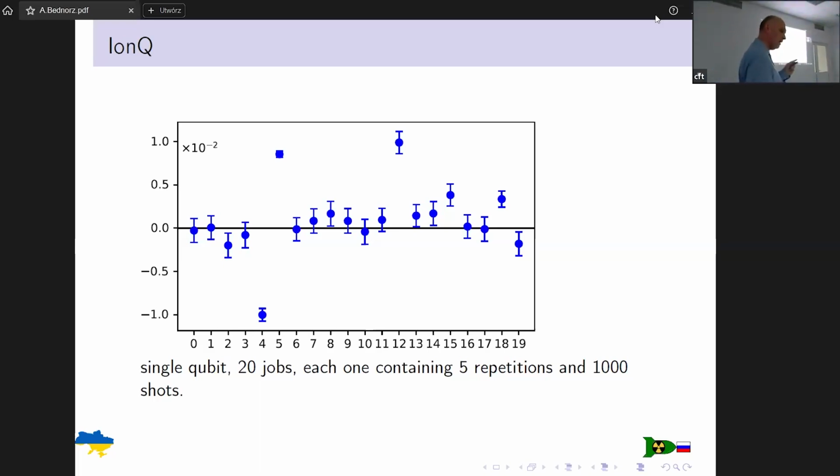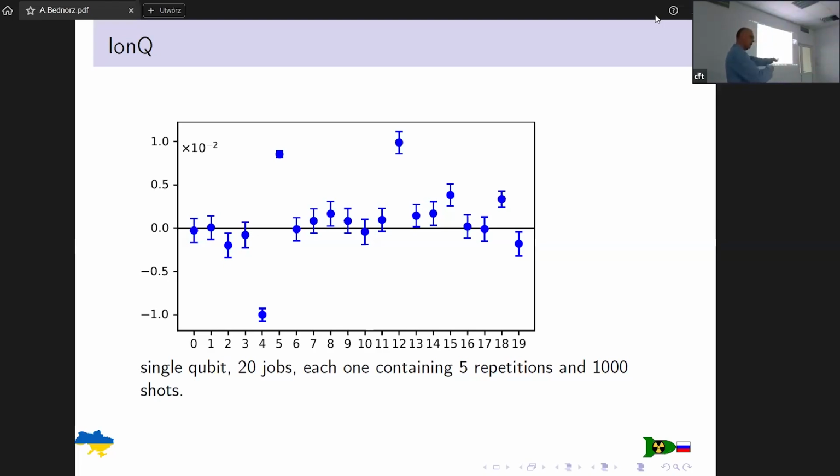We can try probably another ion trap. If I remember, we are talking to people who can repeat this experiment, because we would be very happy to check whether it is correct or whether it is some mistake of ours. Also because IonQ runs jobs in a different way. In IBM, each job has different circuits: circuit 1, circuit 2, circuit 100, and then the next shot, circuit 1, circuit 2, circuit 3, and so on.